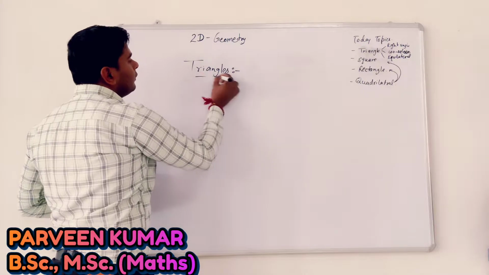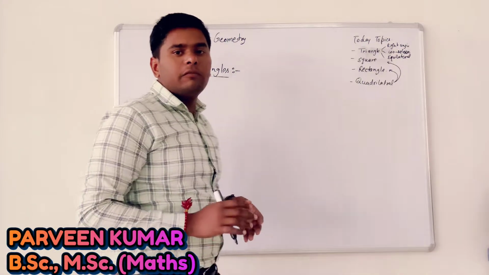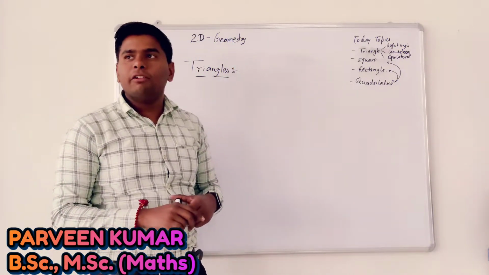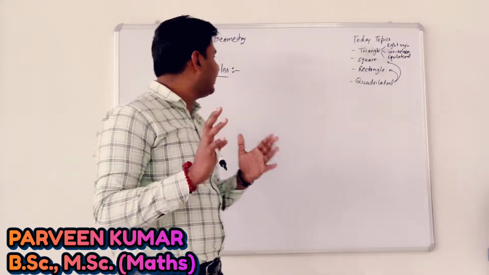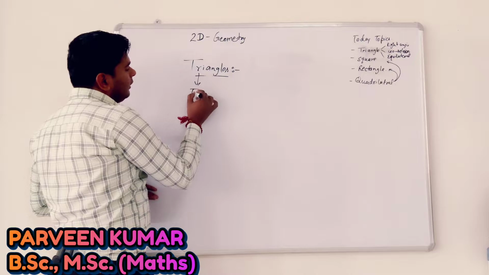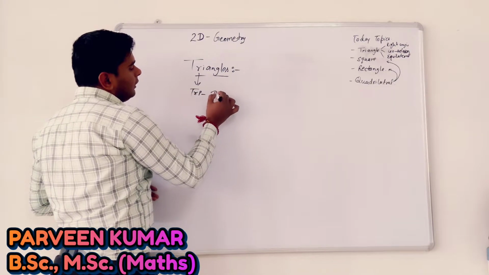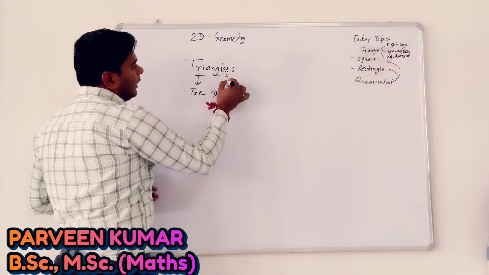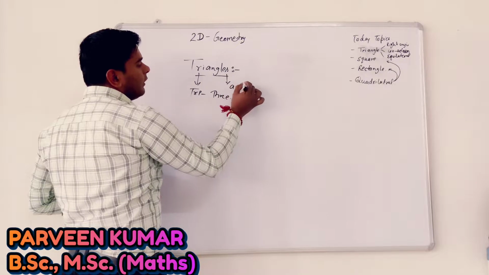Triangles. The first question which arises in our mind is, what is a triangle? As the name says, tri means three. Angles means angles.